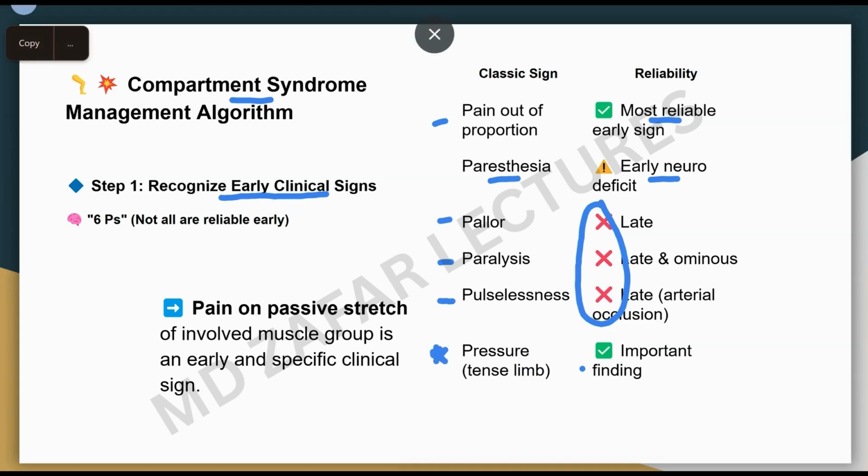That is going to give us a very important clinical giveaway of compartment syndrome. Pain from the passive stretch of the involved muscle is also one of the very early signs, which is not only helpful in solving an MCQ, but in our clinical practice, this can be used to timely identify compartment syndrome.